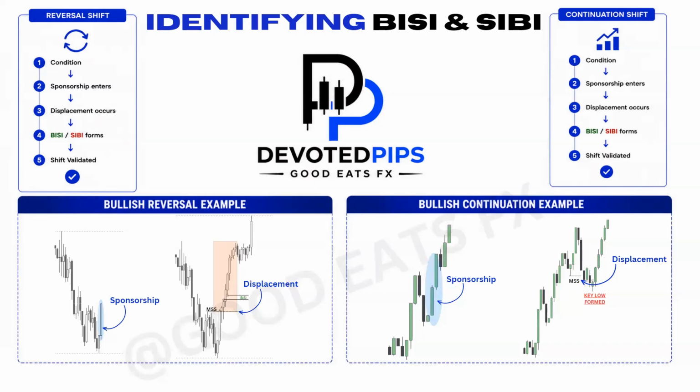And then we want to highlight our BISI, which occurs as we displace higher, and it validates the shift is a continuation shift. So you can see here in these examples, all we added was the BISI. Adding the BISI gives context to what the displacement creates above the swing highs and swing lows.